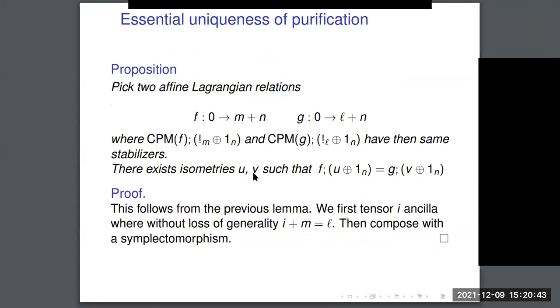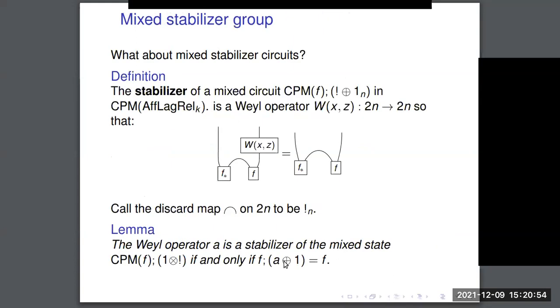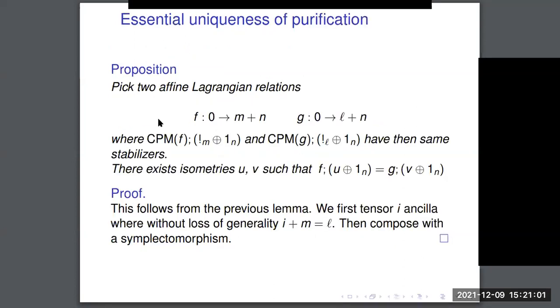Obviously, for stabilizer circuits this is already known, but this is a generalization to arbitrary fields. So this fact about the relationship between the stabilizers of mixed states and pure states allows us to prove this thing about essential uniqueness of purification.